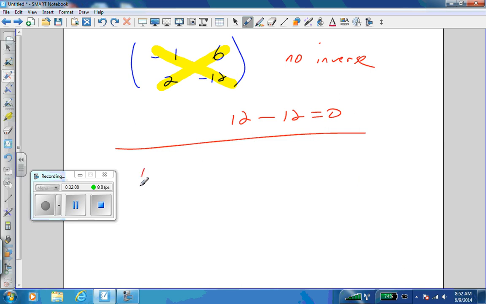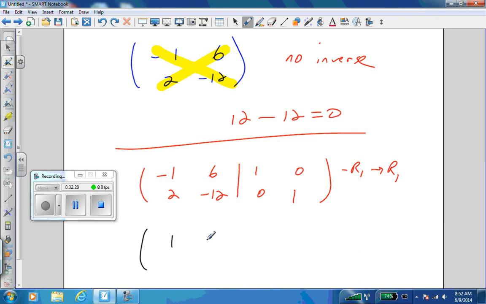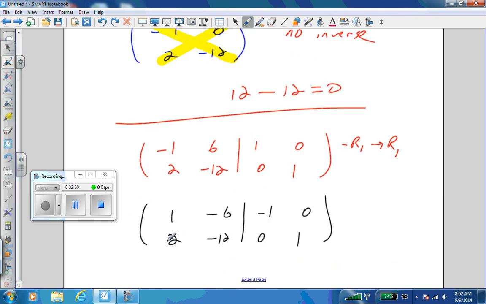Now we can verify that real quickly by looking at our row operations. If we wanted a positive 1 here, we would do the opposite of row 1. So our new row 1 would be this. If we wanted a 0 here, we would need this to be -2.